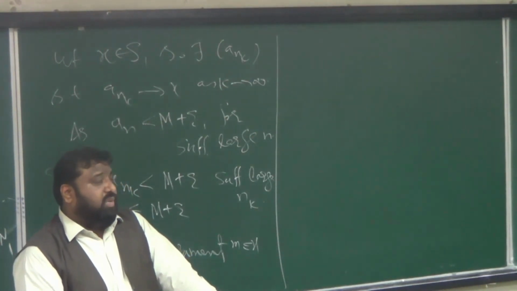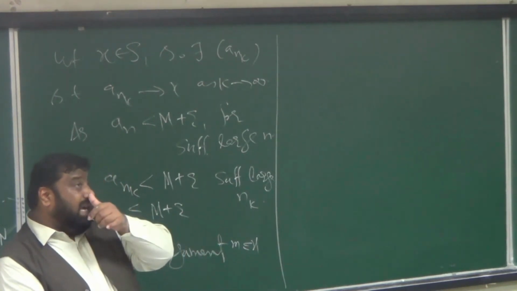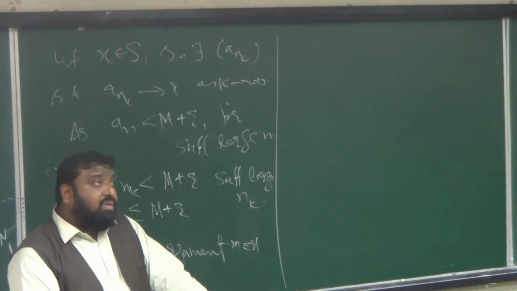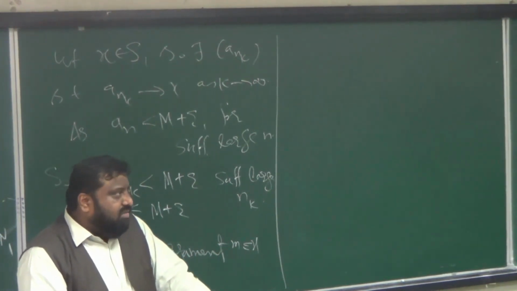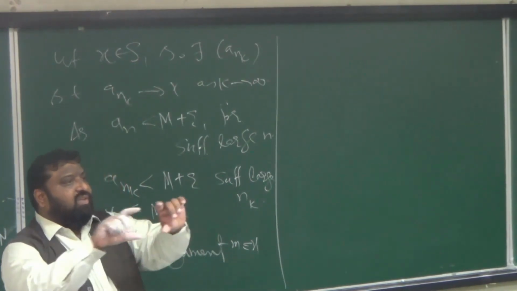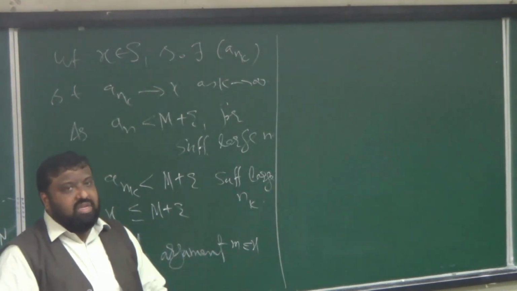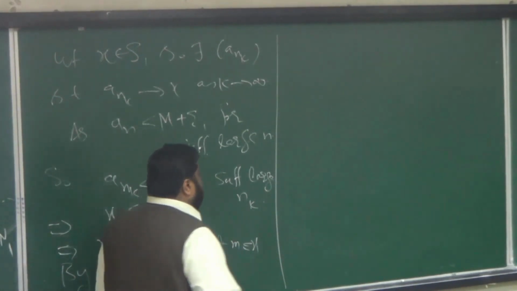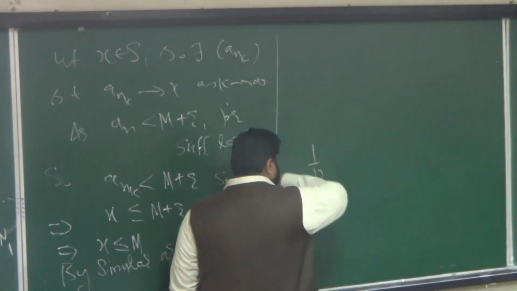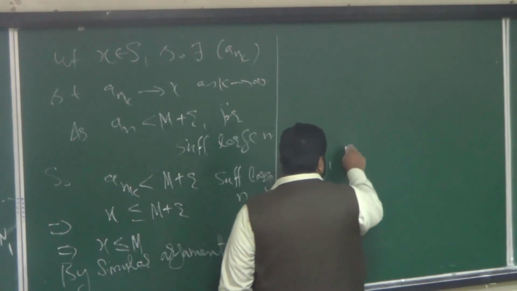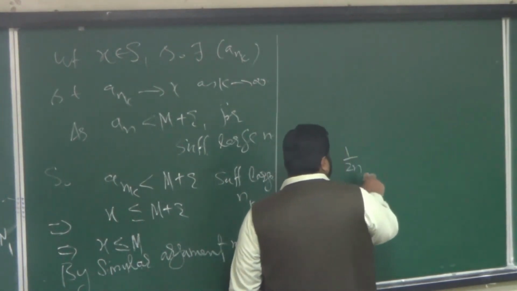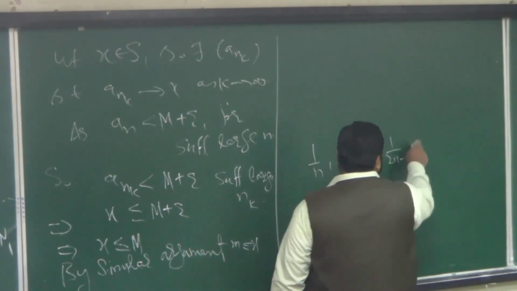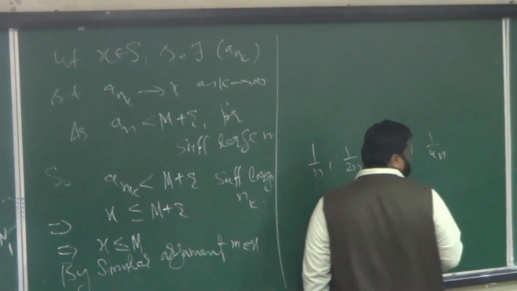In subsequences, can you have something common within subsequences? May or may not have. You can have a sequence and two subsequences which don't have anything common. For example, I'm taking 1 over n, and 1 over 2n and 1 over 2n minus 1, and 1 over 4n.